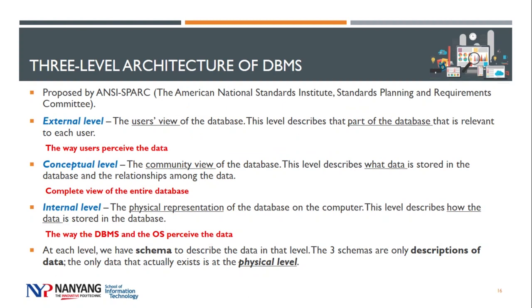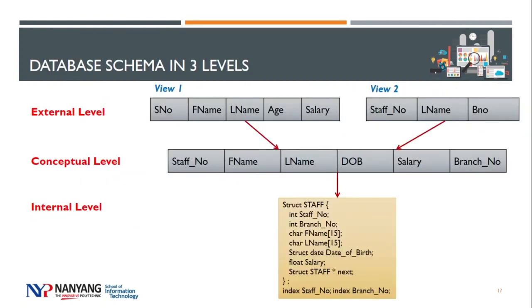So next, we also have the three levels of architecture of DBMS. I have earlier shared what these levels actually mean and the functions of each of them. And here is an illustration of a database schema in three levels of the architecture. Down here we have two different views of staff details, view 1 and view 2, and they are then merged into one single conceptual view.